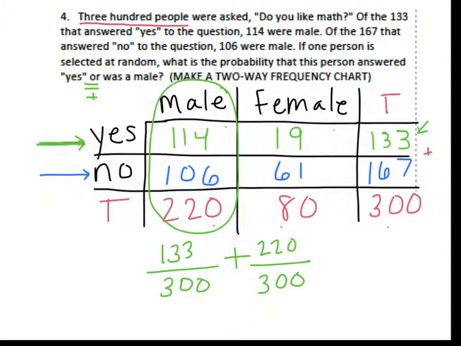But then we want to subtract because we counted this twice. We counted it in the yes column and we counted it in the male column. So let's subtract 114 out of 300.